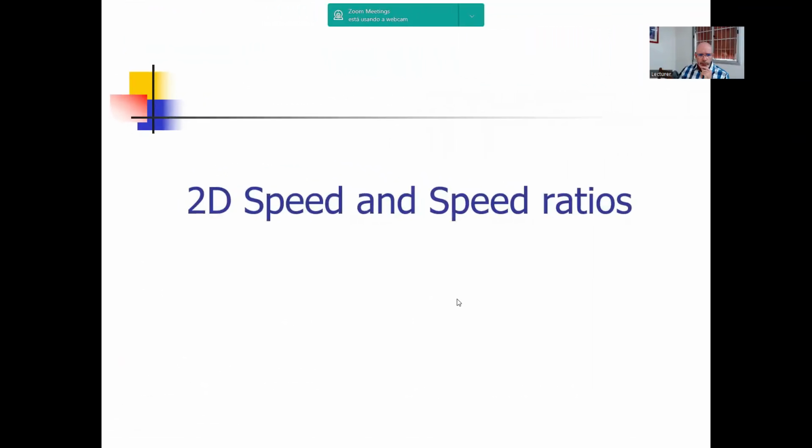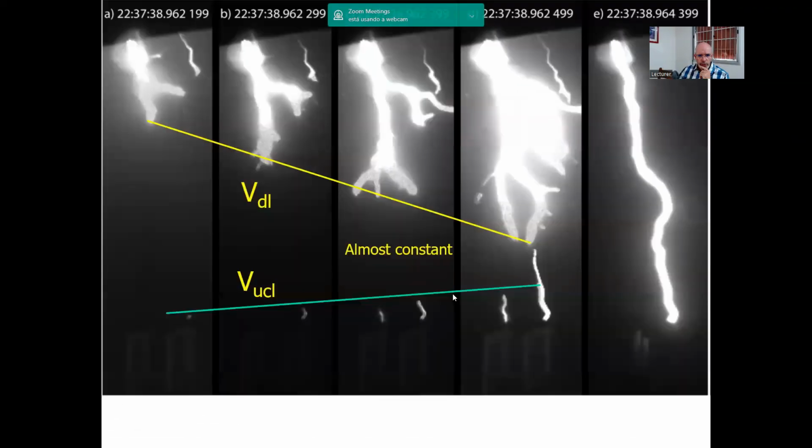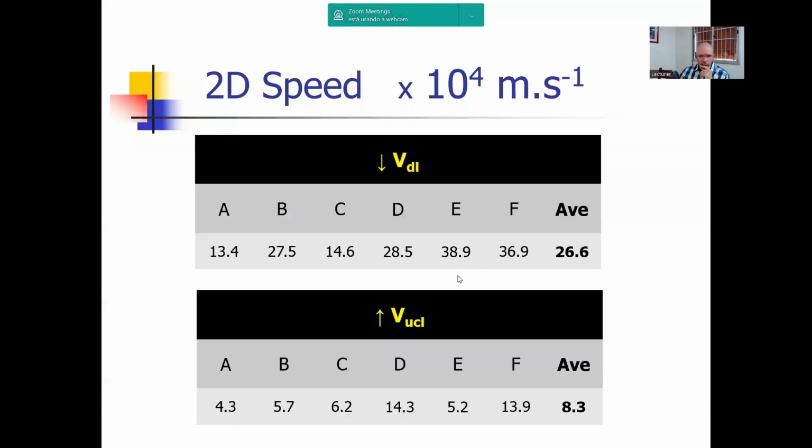In terms of 2D speed and speed ratios, for all cases, we have a downward speed that's almost constant and an upward leader movement that also has a quasi steady constant speed. We have here the values of the downward speed and upward leader speed.